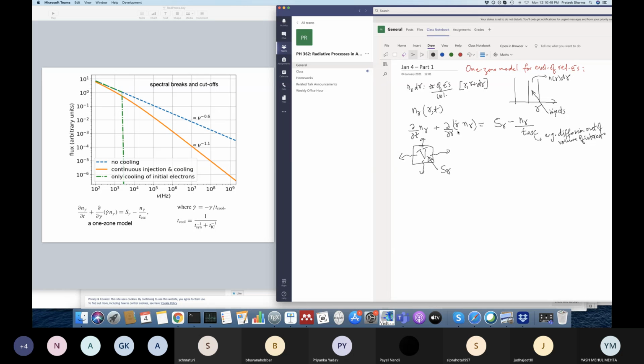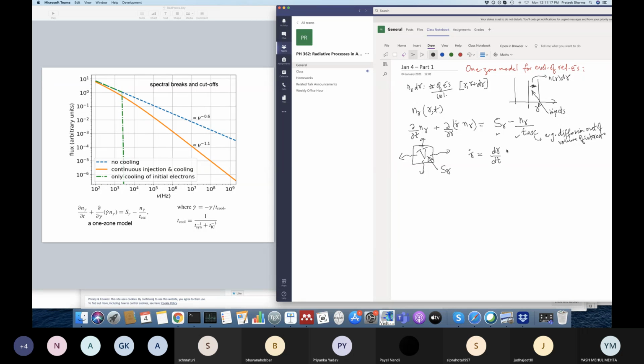Now if you don't have these two, no source, no escape of particles, then the rate at which the number of electrons in this bin in γ changes is just because of cooling, right? So γ-dot is equal to dγ/dt, right?